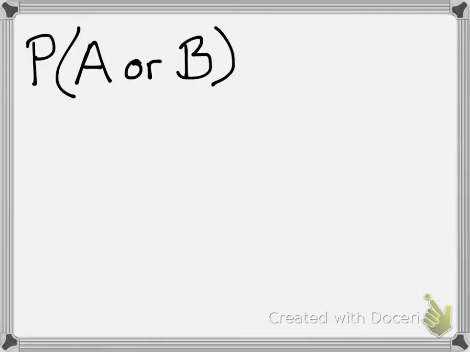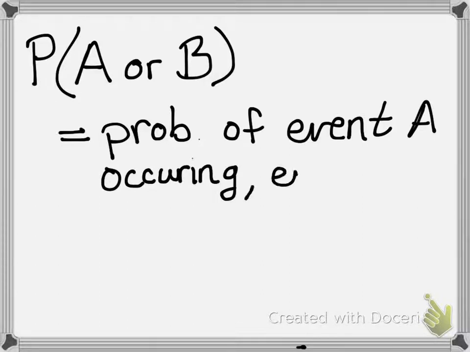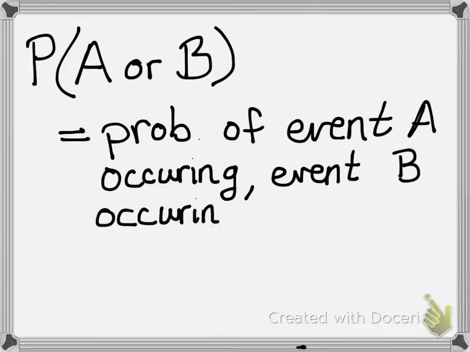So this question is asking us to find the probability, and I'm going to shorthand that, of event A occurring or event B occurring or both.